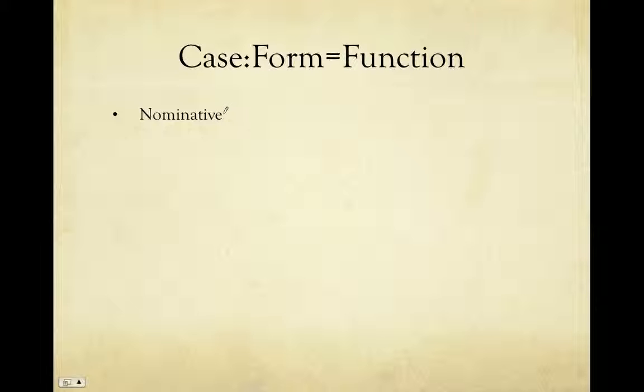Now, the cases themselves. The first case we run into is the nominative, and this is usually showing us the subject of a sentence. So, in the sentence, Titus runs, Titus is the subject, Titus would be in the nominative. He's the one doing the action.